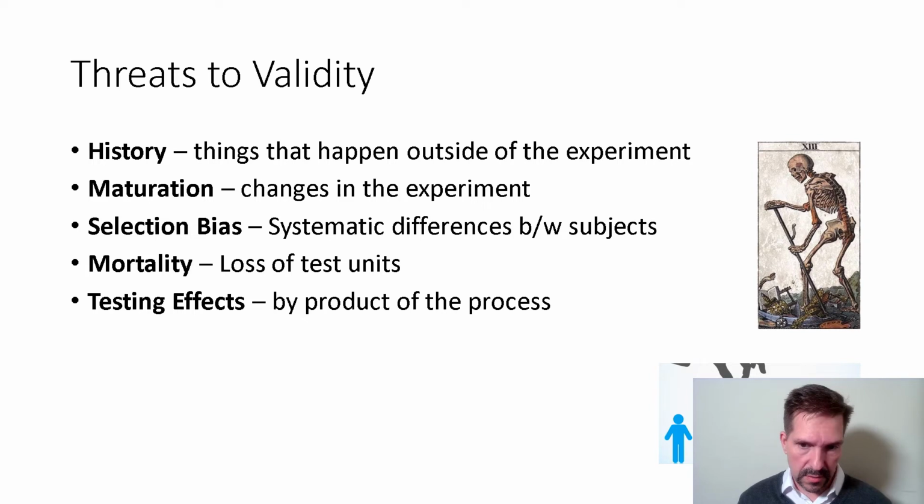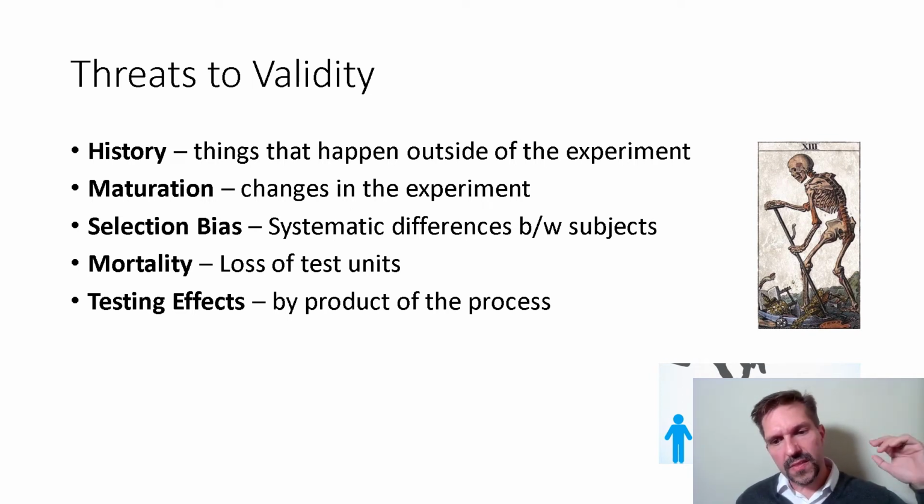Now, it is possible that between the first measurement, O1, and the second measurement, O2, there is something else that changes outside of the experiment. For example, imagine, for argument's sake, that between those two measurement points, maybe 10 minutes apart, there is an external noise that comes into the room.